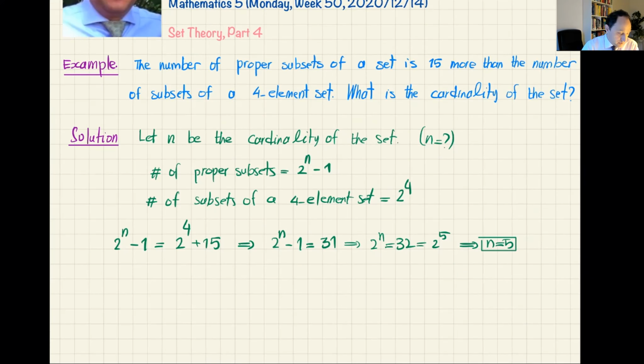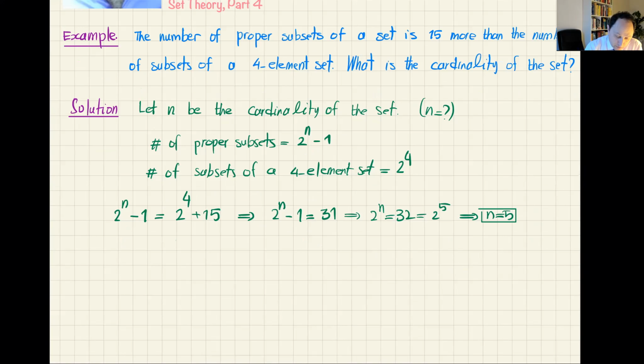Then I will end this topic for subsets with one very important remark, but I want you to understand it yourself first. So, remark. Let A and B be sets.